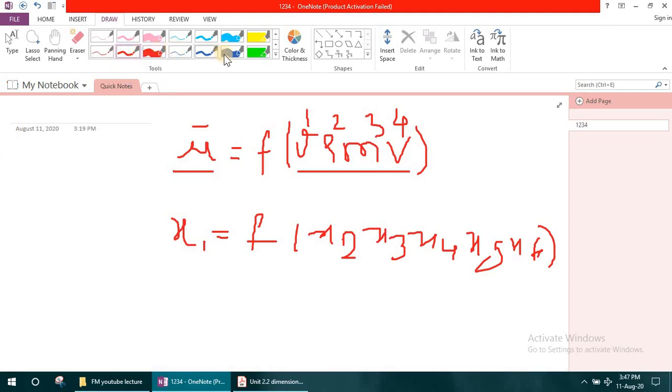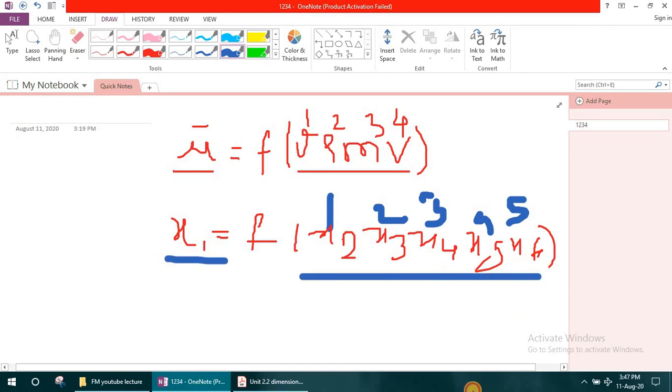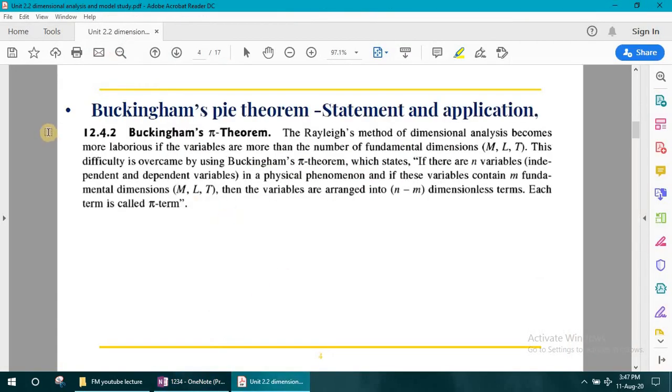Here we have 1, 2, 3, 4 and 5 variables. So x1 depends on these 5 variables and it will be very difficult for an engineer to use the Rayleigh method to establish the relationship between these variables. So in this case, we will go for the next method, that is known as Buckingham's pi theorem.